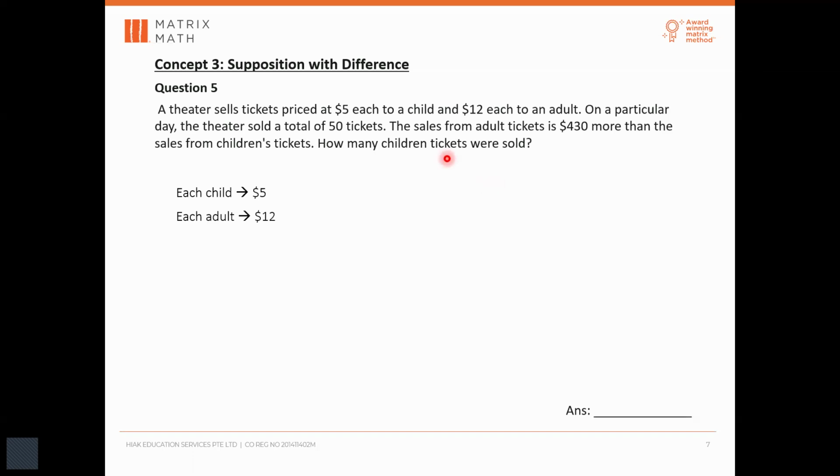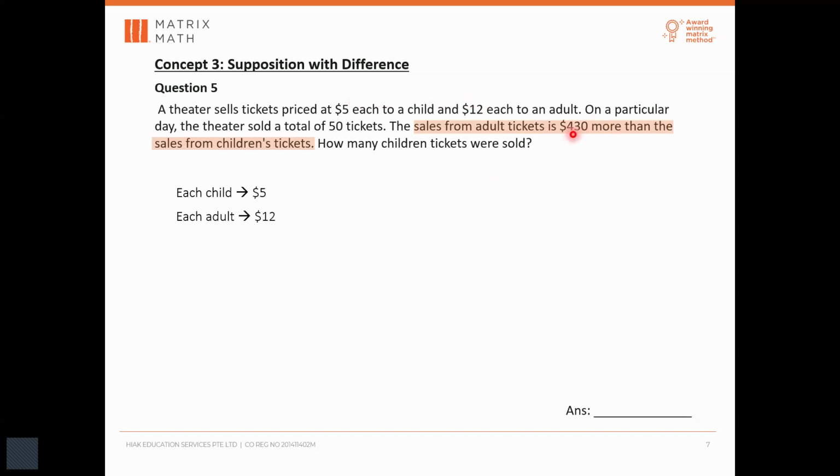Again, it doesn't matter what the question is asking for. In this case, you start off with the one that has more in terms of the total amount of money collected. I don't mean this $5 and $12. I'm talking about this $430.